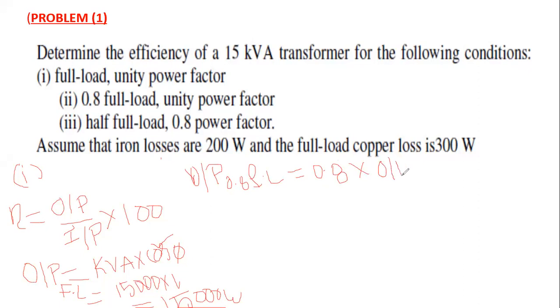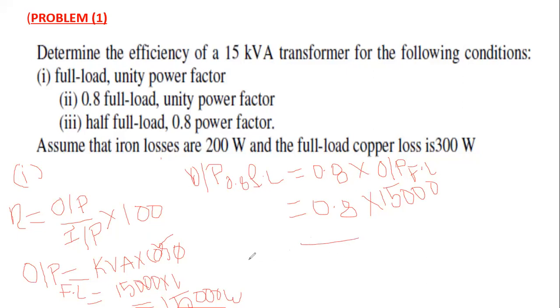What is the output for full load? That is 1500. Therefore, the output at 0.8 full load is 0.8 into the output at full load, which is 1500. Then we obtain the output at 0.8 full load.